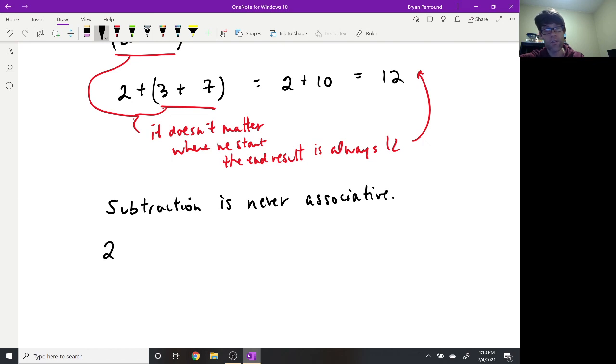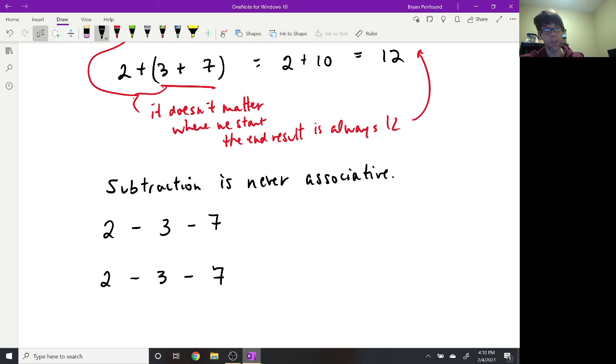If the order matters for 2, the order is probably going to matter for 3. So let's take a look at the two different ways we could start the following expression. Let's say we have 2 minus 3 minus 7. There's two ways we can do this. We could start with 2 minus 3. 2 minus 3 would be negative 1. And then we could subtract 7 more, and that would get us to negative 8.